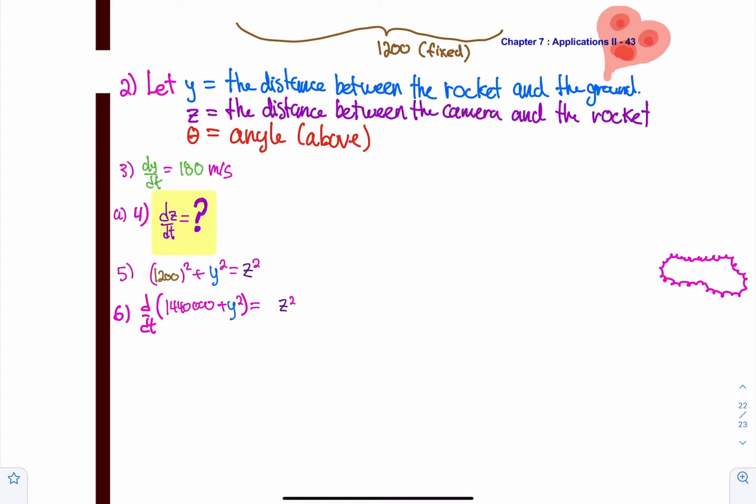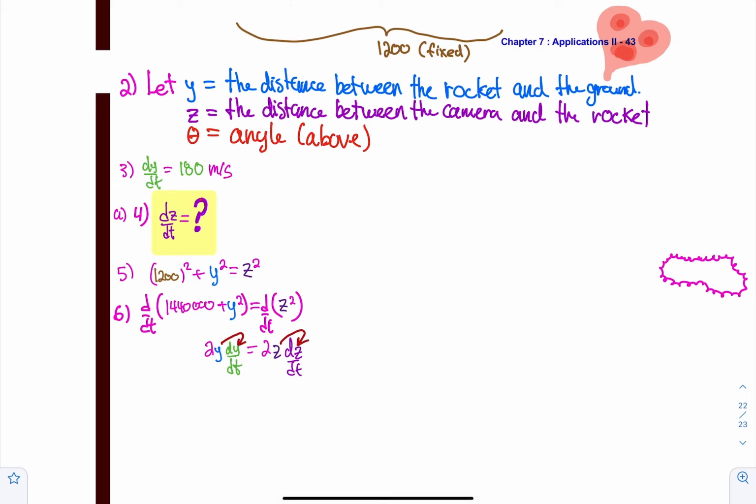We have again those power 2 variables. So when you compute the derivative, the constant will go to 0. The y squared will go to 2y dy/dt, and the z squared is going to go to 2z dz/dt. Poof. So that's the equation that links all the variables and the rates together, the most important equation in a question like this.